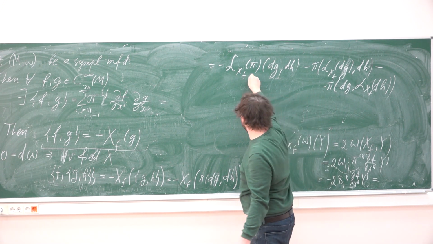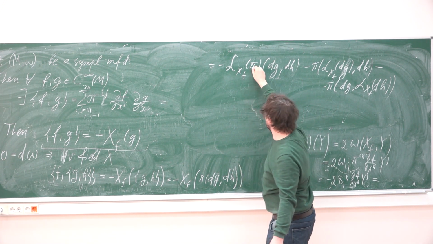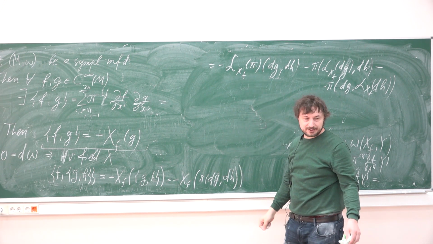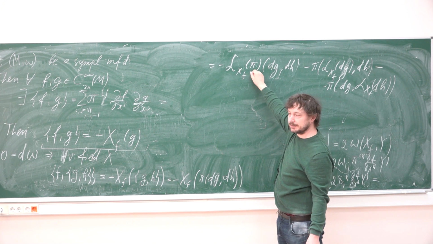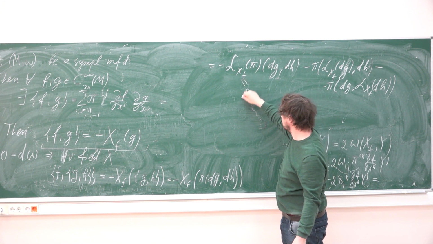So since Lie derivative of omega with respect to xf vanishes, the same is true for its inverse. So the first term vanishes.